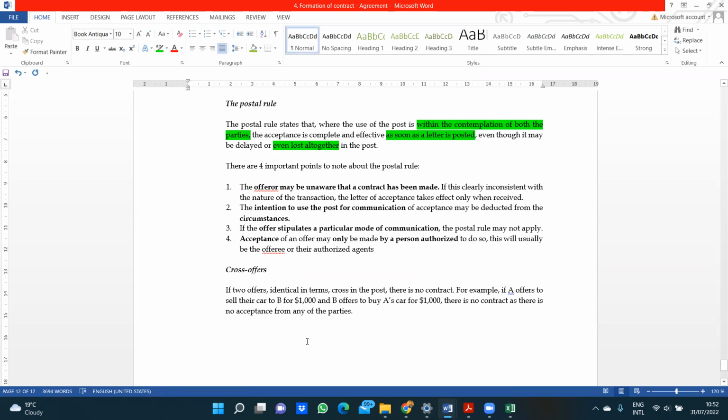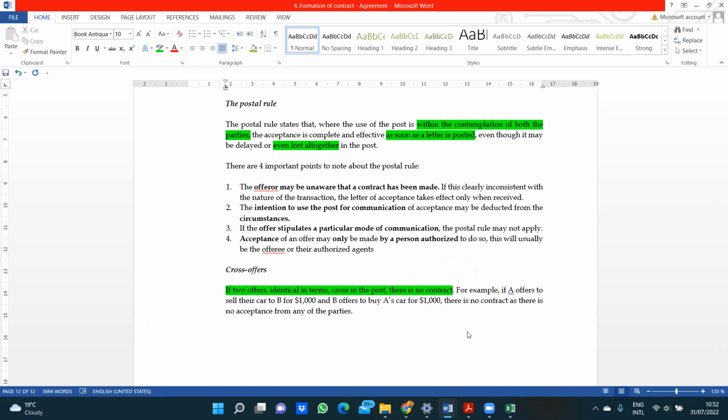Cross offers. If two offers in identical terms cross in the post, there is no contract, because a contract requires an offer and acceptance. Here there are just two offers, one from each party, and no acceptance between them.